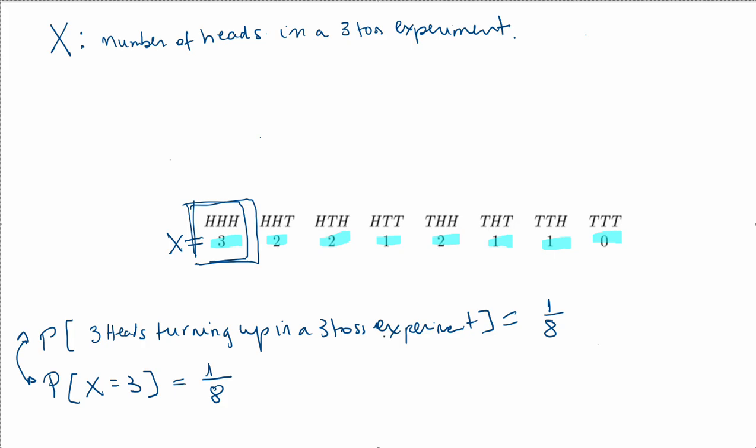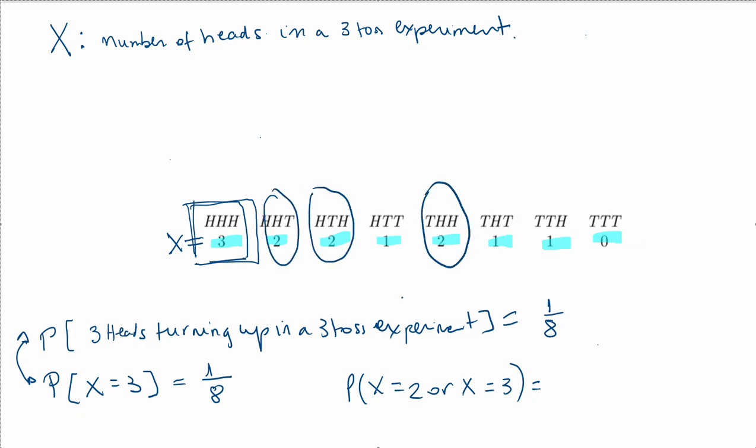We could ask as well, what's the probability of X equal to 2 or X equal to 3? Right? Well, X is the number of heads in this experiment. So X equal to 2, let's see. X equal to 2 is this, and this situation. So it's 1, 2, 3 over 8.